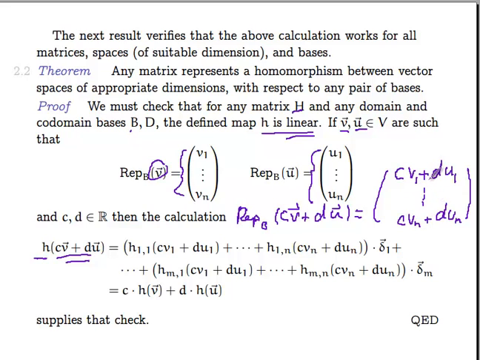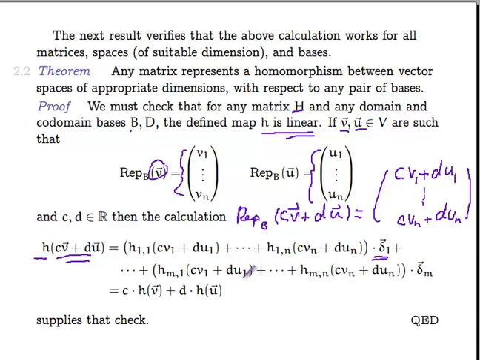Okay. And if you think about how that works, this is the first row of the matrix, I'm sorry, I said first column, should be first row. This is the first row of the matrix dotted with the components of CV plus DU times the first basis vector in the D basis, plus and so on.